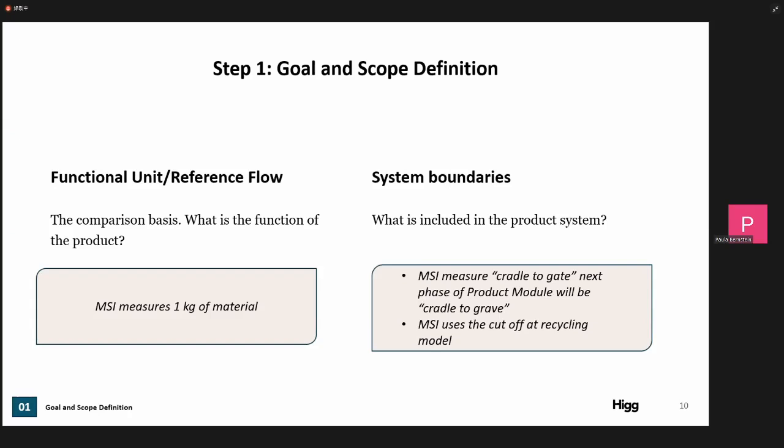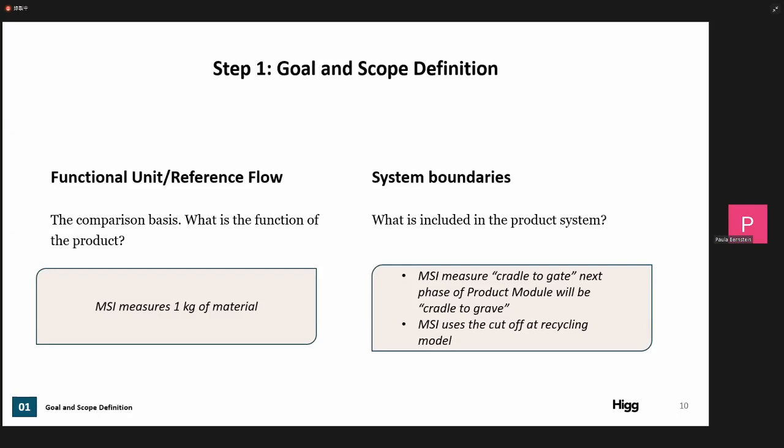In MSI, we use 1 kilogram of material for everything in the system. This is pretty common in a cradle to gate LCA since we don't know what the final product is going to be. So will the polyester be used in a t-shirt or a shoe or a toy? We can't really measure the function of it if we don't know what the final product is.